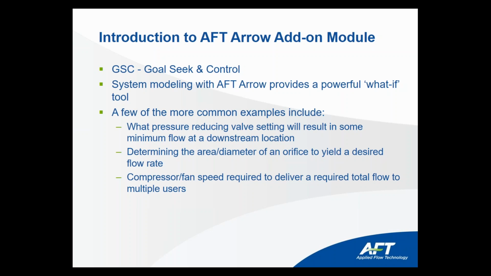Or a compressor fan speed required to deliver a required total flow for multiple users. So the GSC module will take your model and allow you to ask these questions and answer them automatically, saving you a ton of time and bringing added utility by answering these very powerful questions. Not only can this lead to reduced costs in operating, but it can also increase feasibility or the viability of a system in the first place.